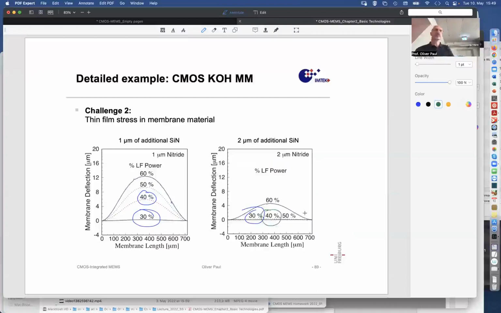The 50 did it also. With the 60, no matter how thick, 1 or 2 micron thick, we could not make the membrane flat. So one of those parameters was then selected, and the membranes were reproducibly and reliably produced. And when you look at the wafer that I gave you, those membranes are there. So we're probably on one of those successful layers.